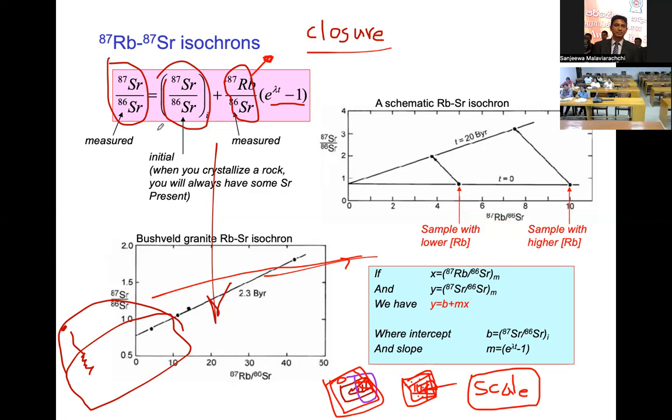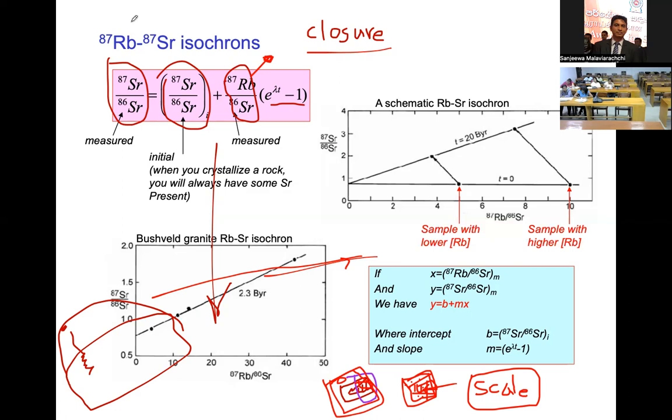So we call the closure temperature the point when the isotopic systematics reset, or the resetting of the clock of the rock, right? These are clocks of the rock, actually, right? So resetting the clock of the rock is dependent on the closure temperature, right?